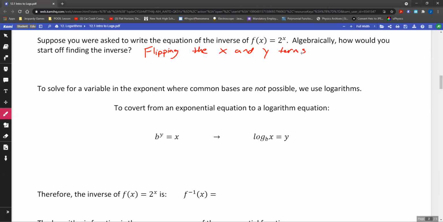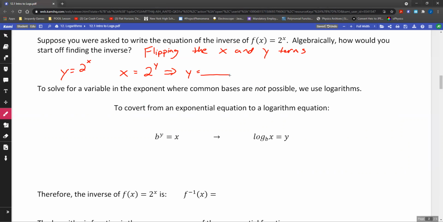For example, in my equation, essentially what I have is y equals 2 to the x. So now my inverse equation will end up being x equals 2 to the y. But again, we want y by itself. We want to rewrite this as y equals something.